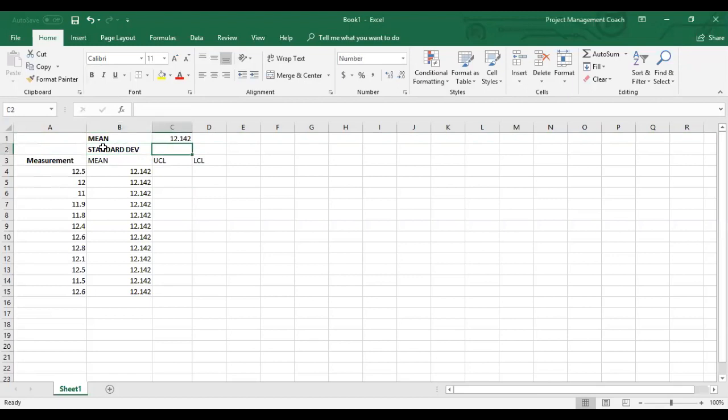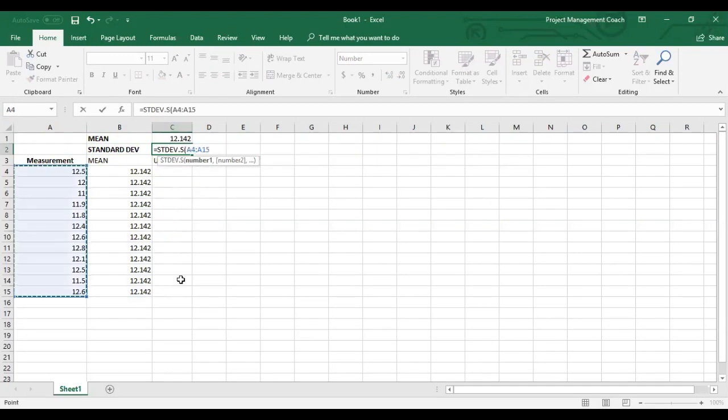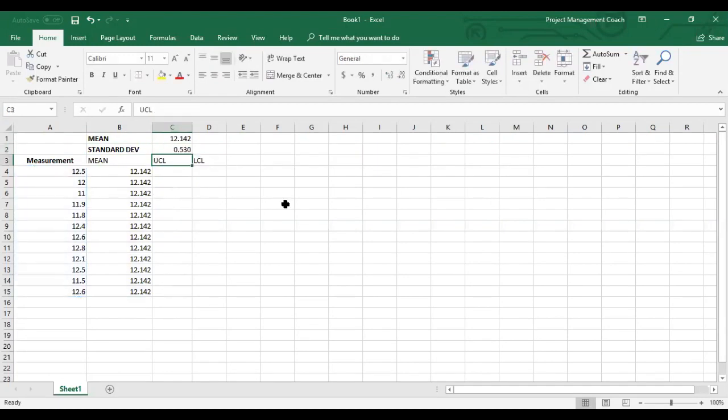And Excel has a formula. So if we do equals standard deviation, there's standard deviation for the entire population, but we're considering this is part of a sample. So let's go with that. Yep. And let me close the bracket, hit enter. And that is my standard deviation.